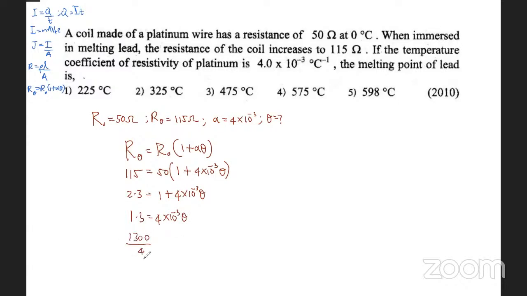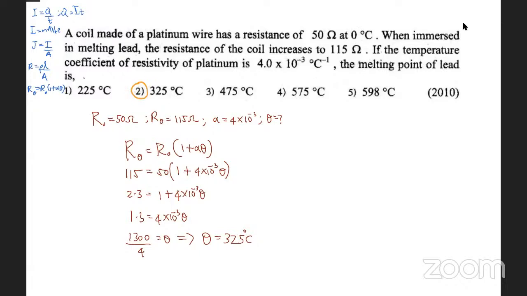You need to divide by 4, equal to theta. That means the final answer, theta is equal to, in 1300 there are 325, so it's 325 degrees Celsius. You can do your math in your own way, and that is the answer. So the answer for this is the second one. Very straightforward. Okay, 2010 done.